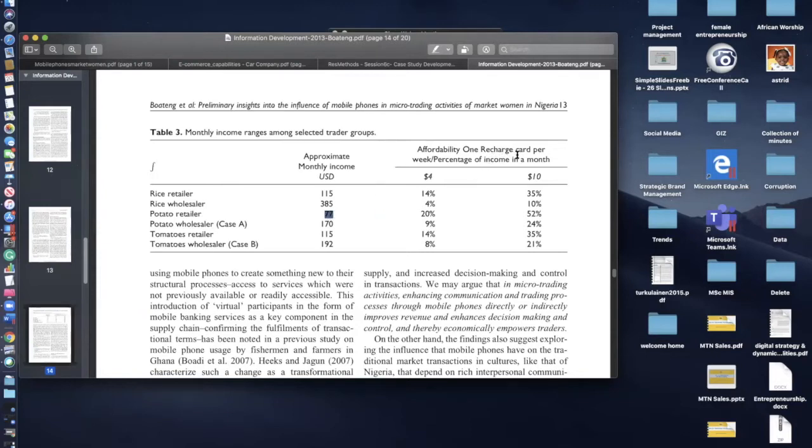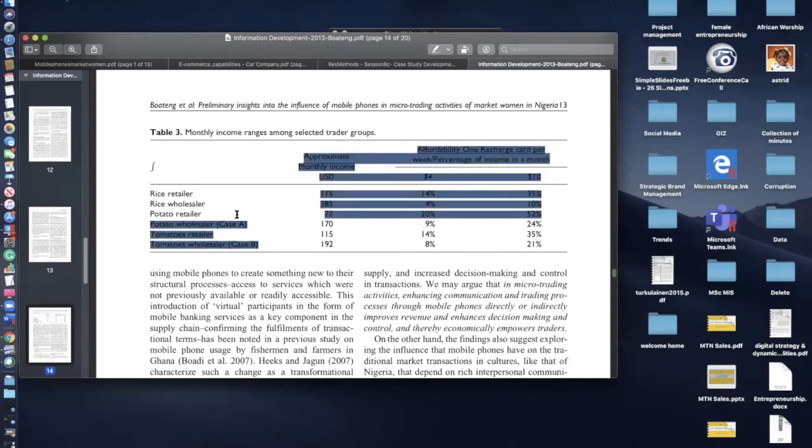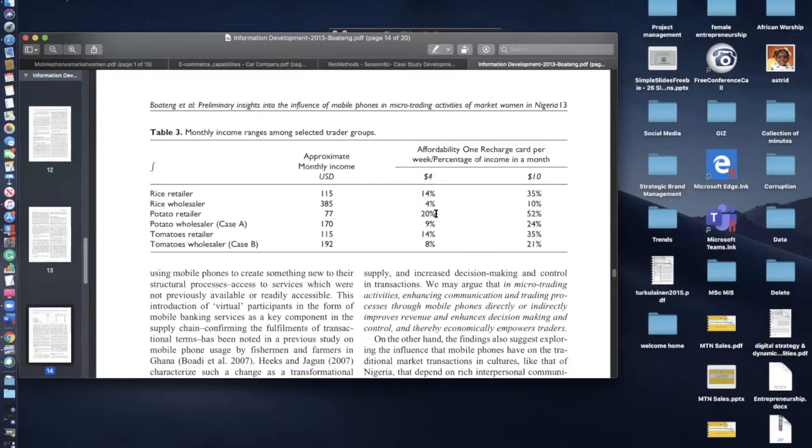And the recharge card that she buys, if she buys $4 in a month, it's 20% of her salary. If she buys the $10 one, it is $35, which is 52% of her salary. So this potato retailer was, I think, buying the $4 one, and she was using that particular card. So it was just 20%.